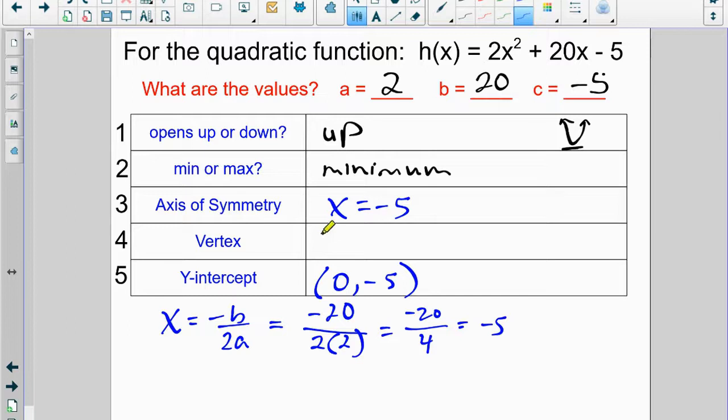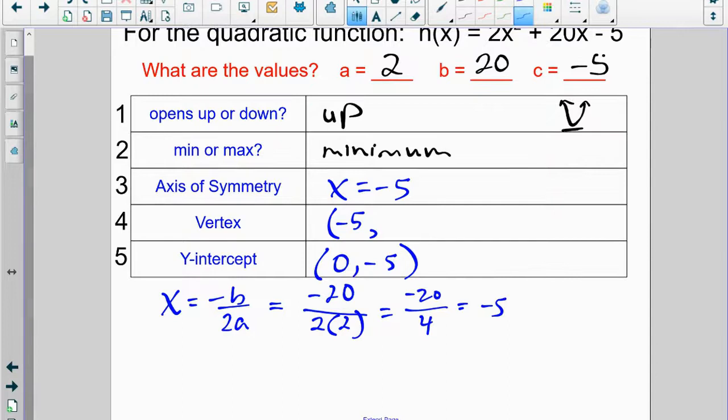Okay, last thing is the vertex, then we'll check it. What's the x-coordinate of the vertex going to be? What number goes in this first spot? That's right, it's the first number, or the same number from the axis of symmetry. It's negative 5. Last thing we need to do is substitute that value, negative 5, into the function.